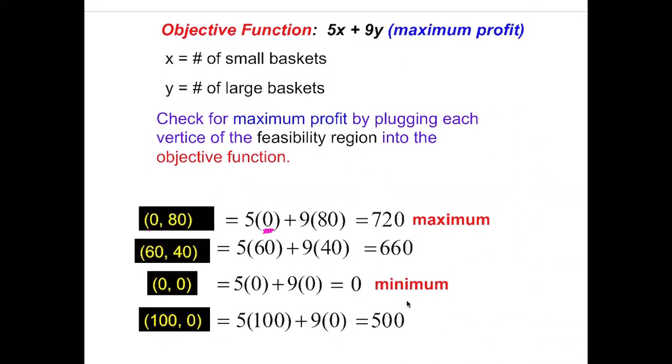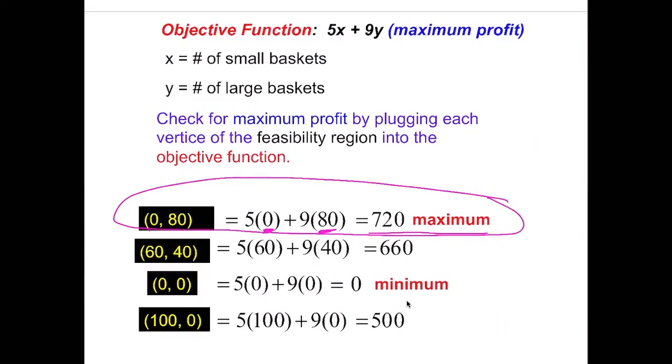So they plugged in 0 for the X, 80 for the Y, and they came up with a profit of 720. You're going to do that with each one to determine which one is maximizing your function. In the other case, if you had a problem that wanted to minimize, you might do that. But in this case that is not what we are looking for.